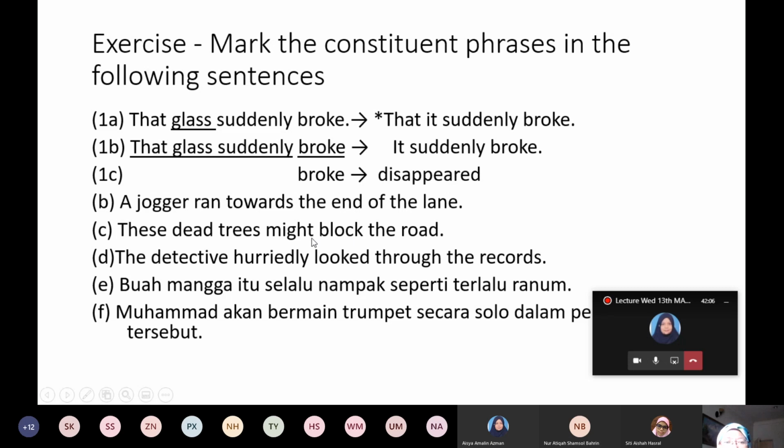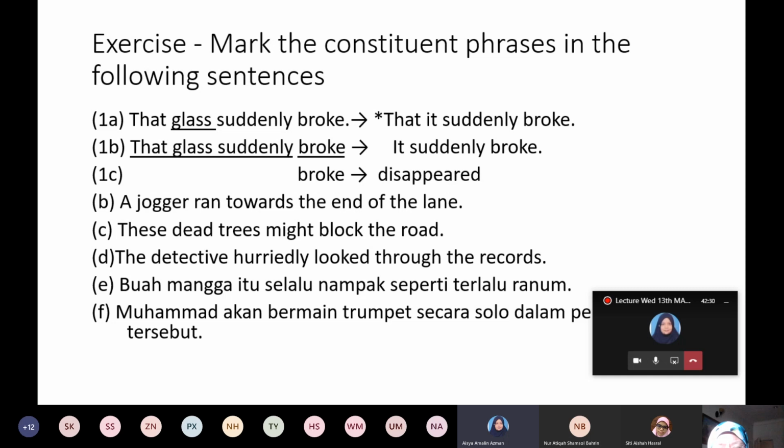So might is one constituent, block is another constituent, and then the road is another constituent. So in this sentence, you have four constituents. Okay. Thank you, Doctor. Any question from anyone else?